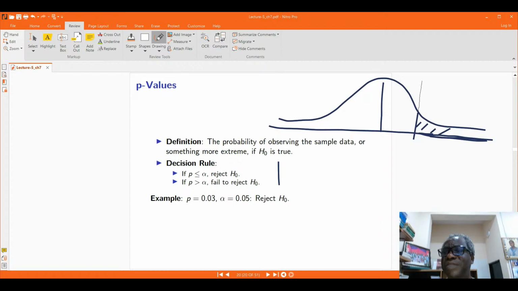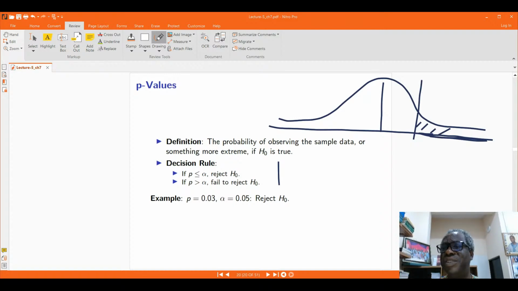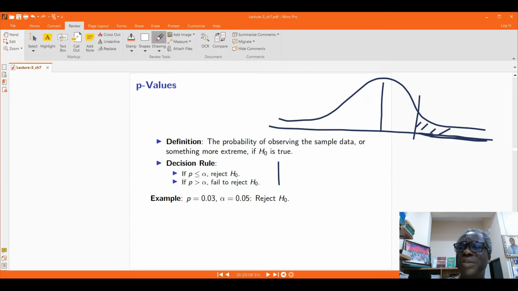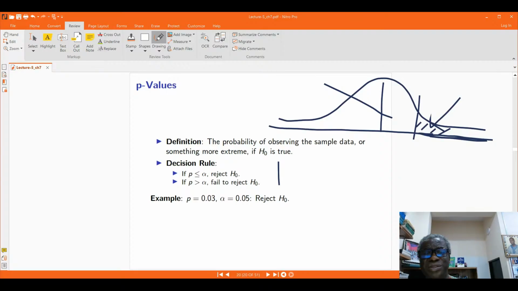In other words, if the value is anywhere here, then you fail to reject.